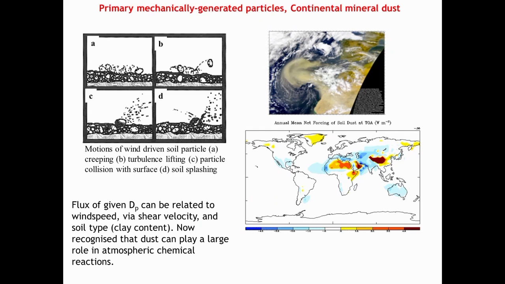Once the particles are lifted, they collide with the surface again, and you end up with kicking up of more dust. So there's a wind speed dependence upon the generation of dust. The higher the wind speed, the more you can induce these collisions at the ground, and the more dust is injected into the atmosphere. So the flux is related to the wind speed via the shear velocity and the soil type. So is a clay type soil more or less likely to give rise to dust than a lower clay content?